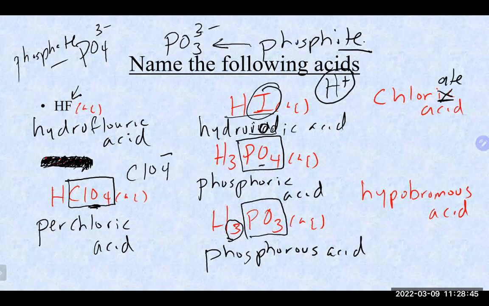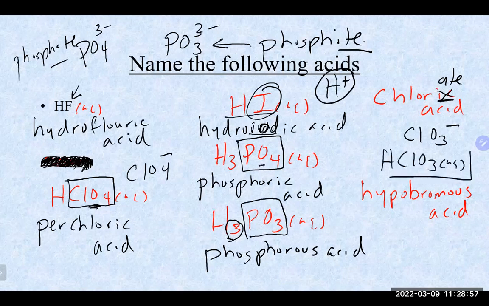Chlorate is ClO3-. So +1 and -1 would give us HClO3 with the aqueous symbol next to it, which is chloric acid. So you can rebuild the negative guy's name from the acid name, and that will hopefully give you the correct formula. Any questions on that?